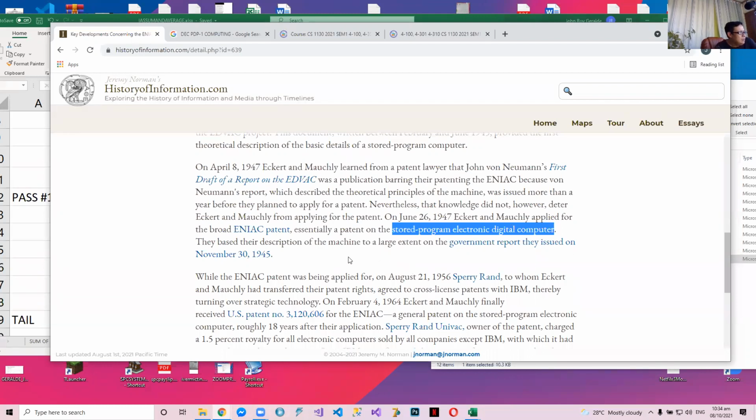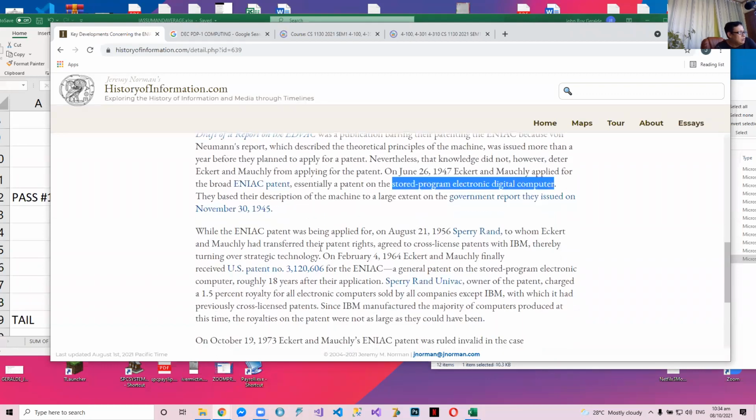Now the ENIAC patent was applied for, and granted in 1956 to Sperry Rand, now the owner of Eckert and Mauchly's rights. It was transferred to them, along with the cross-license patents with IBM.